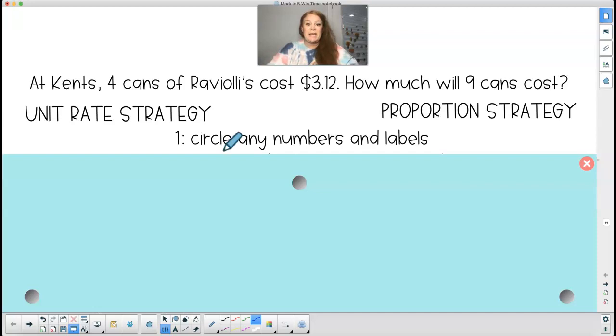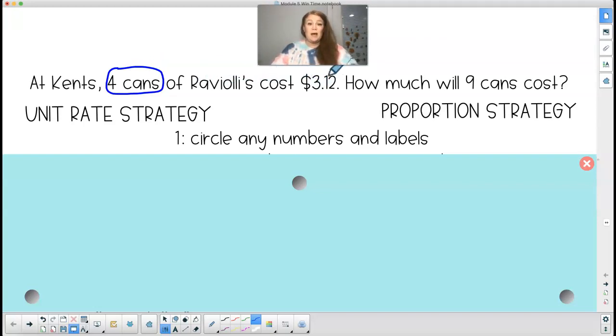So we want to circle any numbers and labels that we see. So I'm going to read through: at Kent's 4 cans. So I see 4 and I'm asking myself, for what? 4 cans. So I'm circling 4 cans or underlining it or highlighting it. I want to remember it's 4 cans of ravioli cost $3.12.